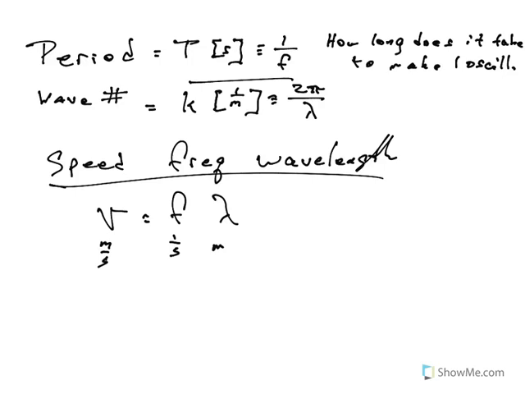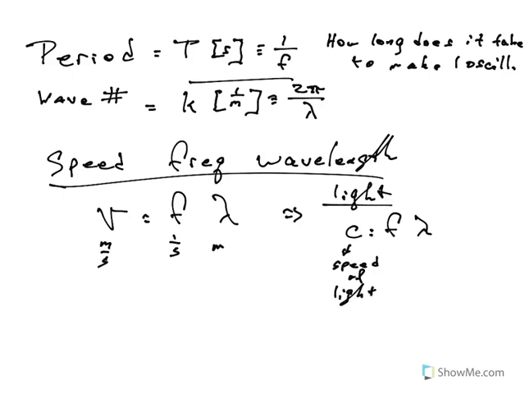Well, this is nice, and this is true for all waves, whether it's sound waves, light waves, water waves, any kind of wave you can think of, they all obey this equation. And so if we're talking about light waves, then this equation is made a little bit more special for light. It says c equals frequency times lambda, because c is the speed of light, and this is a constant: 3 times 10 to the 8th.